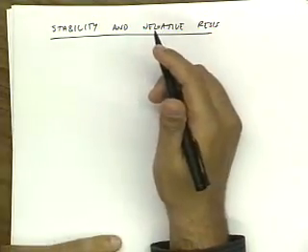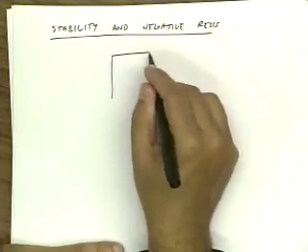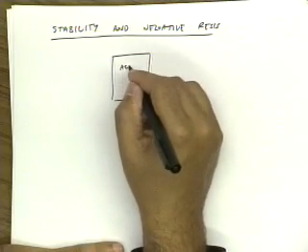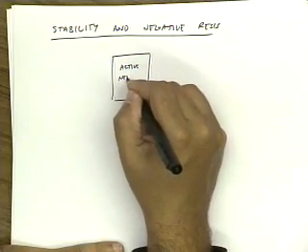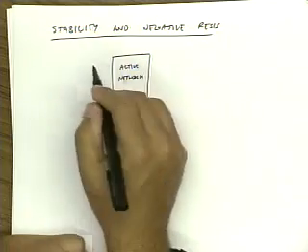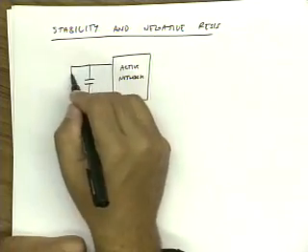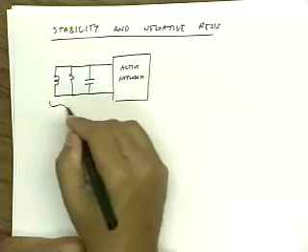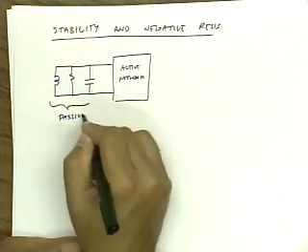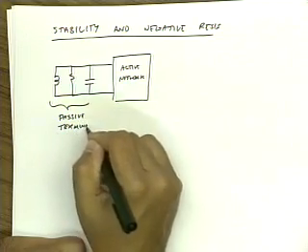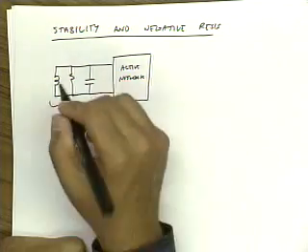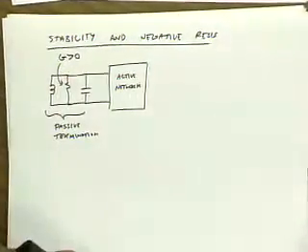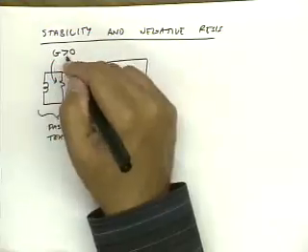So the idea is, I like to call something stable if I can take an arbitrary black box, let's say it's an active network, and I terminate it into some load. Could be like a parallel RLC load. It could be anything. So this is a passive termination. And more importantly, by passive, meaning that the real part of the load admittance is bigger than or equal to 0.